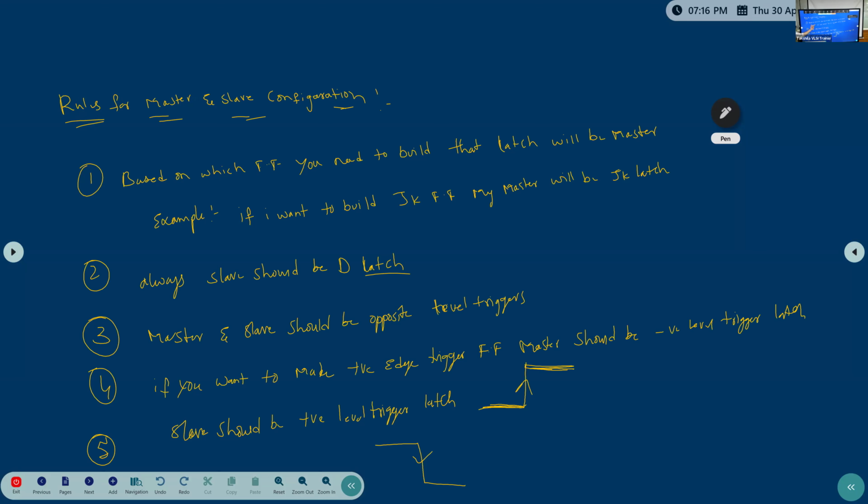So now we'll see JK flip-flop configuration. Keep the heading: JK flip-flop configuration. In this JK flip-flop, based on the condition, master should be JK. Yes or no?